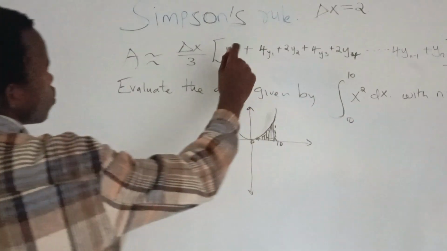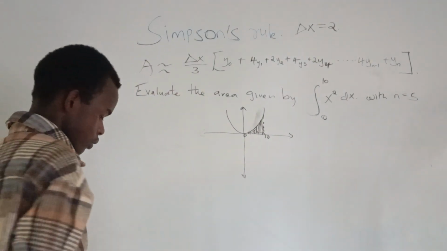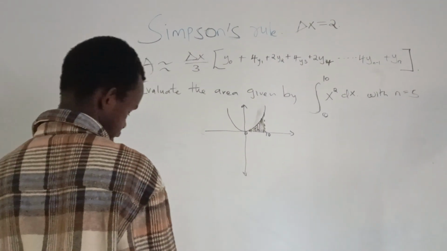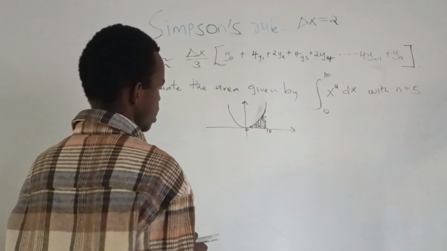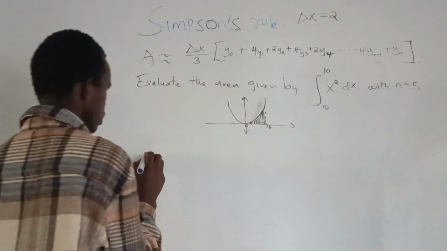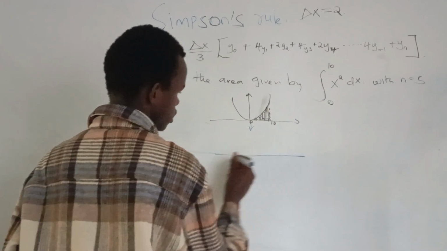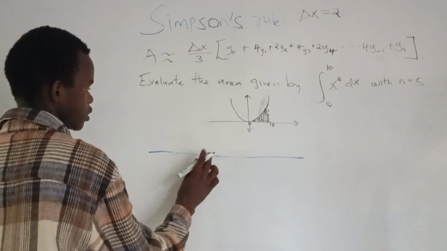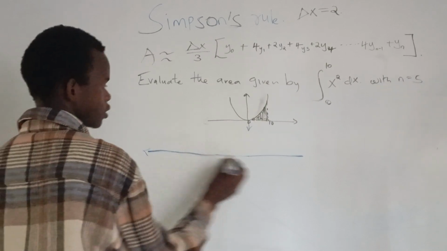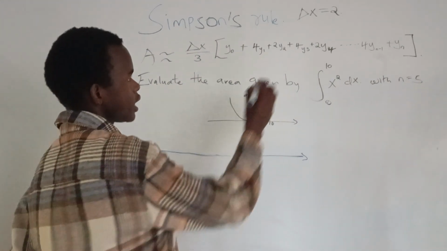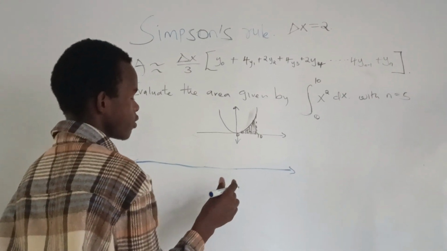So let's calculate our y0, y1, y2, and so on. Draw an x-axis. Our delta x is 2, and that is the interval of the rectangles we are trying to make.